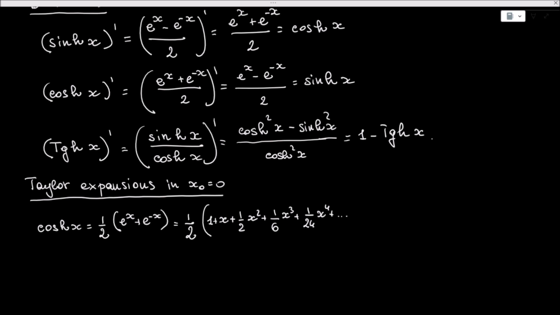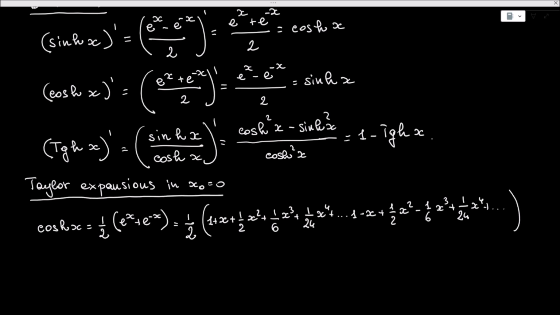Then we have the expansion of e to the minus x, which is 1 minus x plus 1/2 x squared minus 1/6 x to the cube plus 1/24 x to the 4, and so on and so forth.